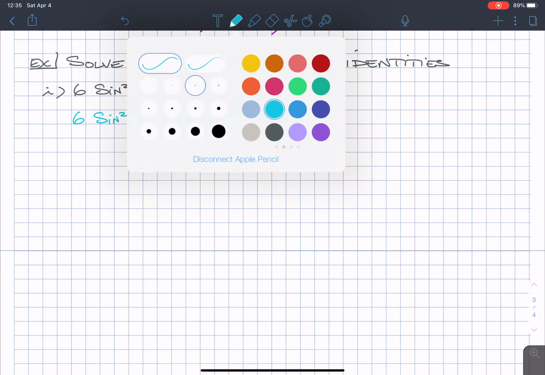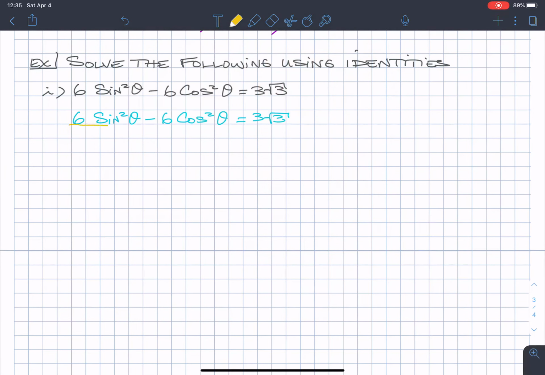So the first thing I'm going to do is divide everything by 6. In fact, maybe I'll divide everything by negative 6. You don't have to do that, I just know what's coming.